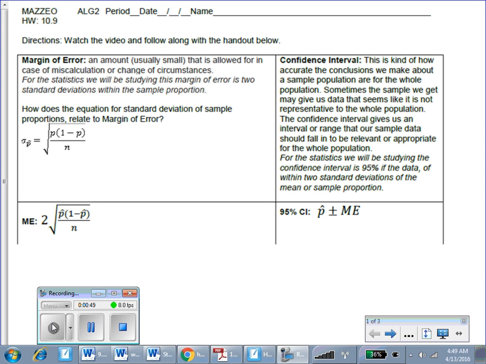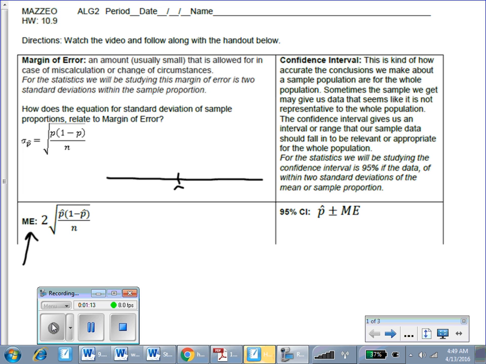Okay, so let's back up for a second. Down here is the actual equation for margin of error. Let's take a second to talk about where that really comes from. Think about a normal distribution curve, and I'm going to draw what would be on the bottom of it. In the middle we would have our mean.